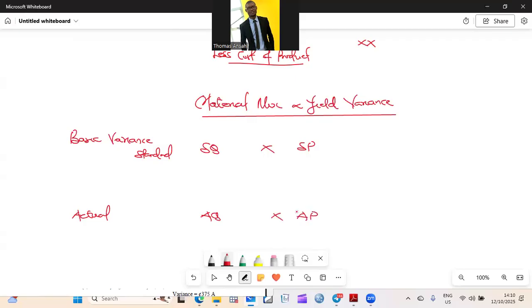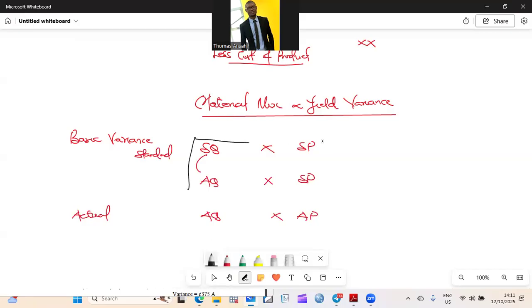Then you find the variance. To know the quantity variance and the price variance of material, I need to change this one to AQ and maintain SP.